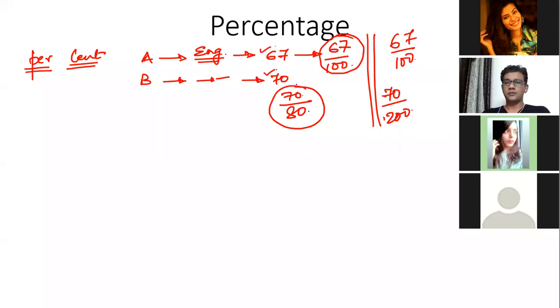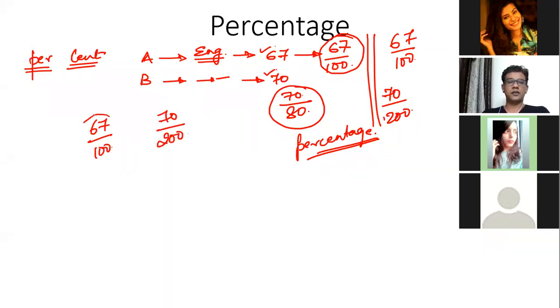But as soon as we got to know that A got 67 out of 100 and B got 70 out of 200, we started comparing with respect to the percentage or the ratio in which they have scored. We realized that 67 out of 100 is far better than scoring 70 out of 200. So then we said that A is better. So it becomes easy for me to compare two people when I have percentage given to me.